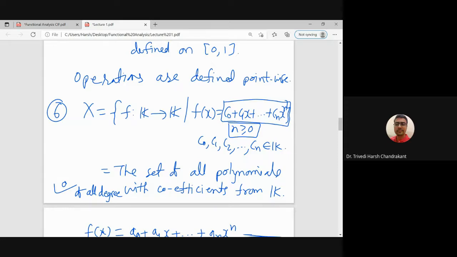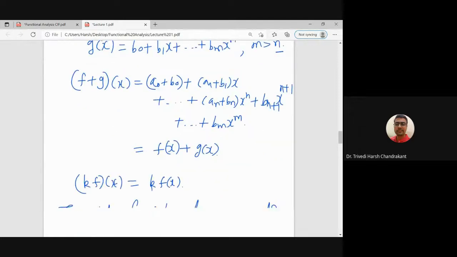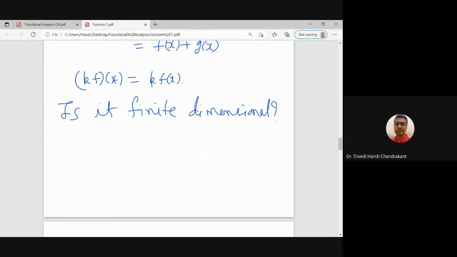But in this example, we are taking all the polynomials. That means we are taking nth degree polynomials also, n plus 1th degree polynomials also, and so on. So that means the dimension is infinite, right? That is our guess. So how to prove it?